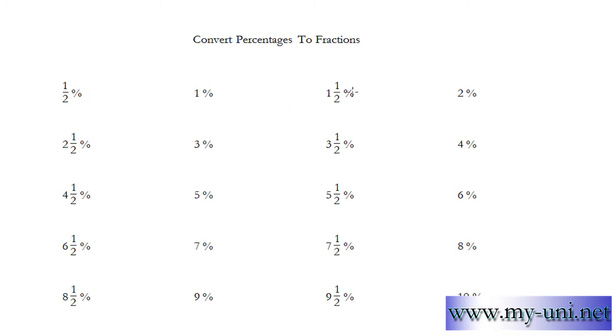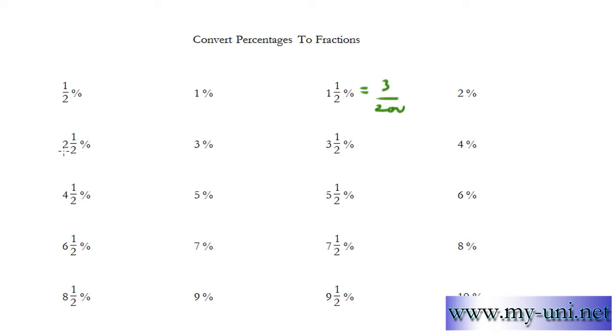So 1.5% as an improper fraction is 3 over 2, and then you can multiply this by 1 over 100. So 3 times 1 is 3, and 2 times 100 is 200. So 1.5% can also be written as 3 over 200.